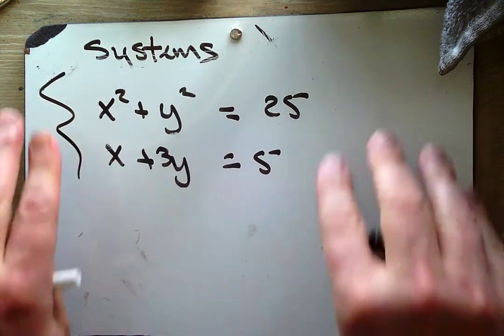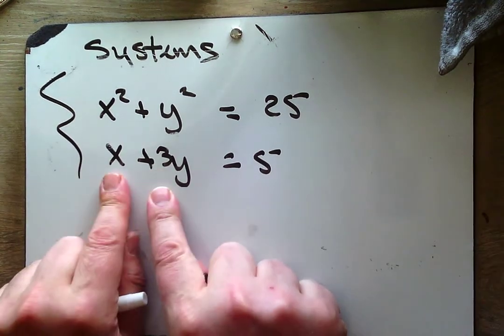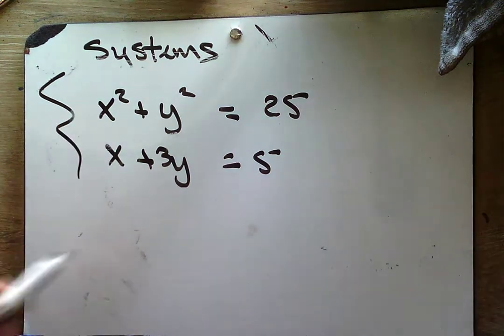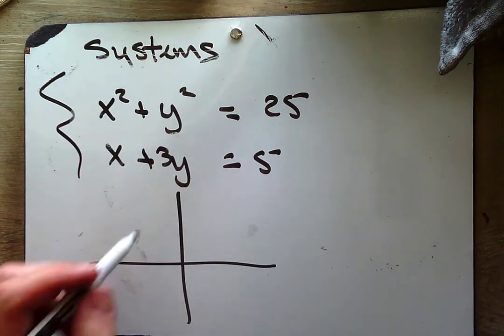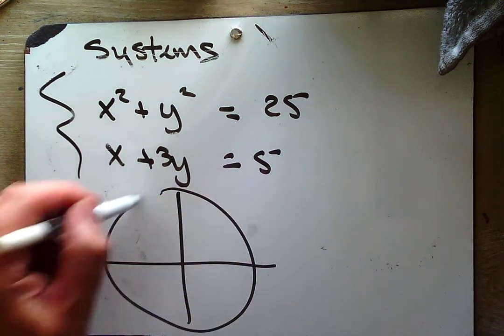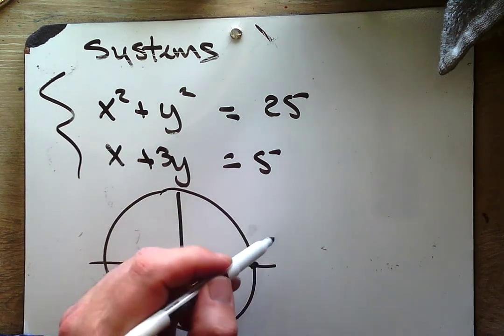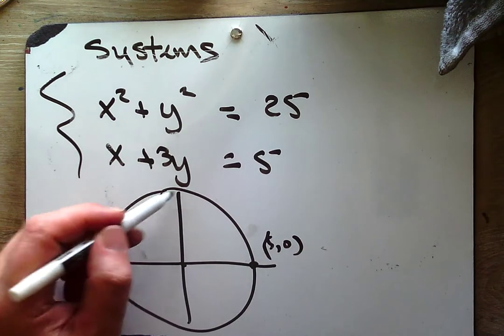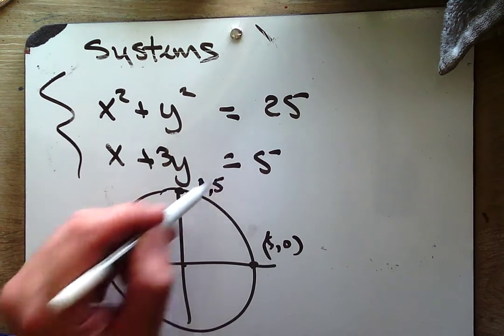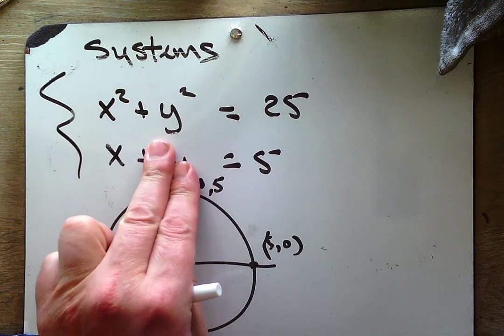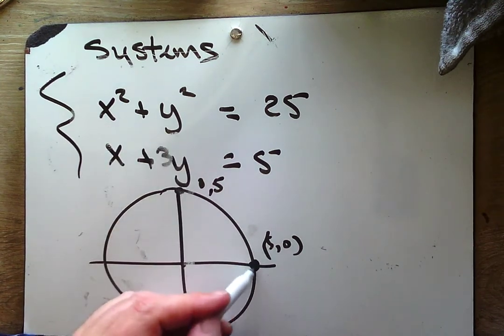So when I'm thinking about this, I'm thinking about a linear equation, and I'm thinking about a circle whose radius is 5 that passes through, whose center is the origin. So 5, 0, and 0, 5. This line, if I plug a 0 in for y, I get x equals 5.